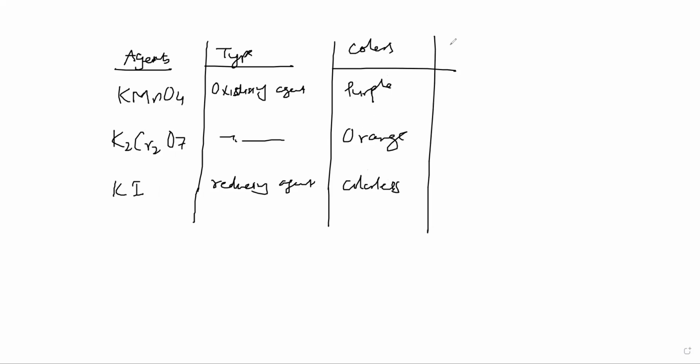What else should you know? When they react, they change their color. KMnO4 changes from purple to colorless. K2Cr2O7 changes from orange to green.